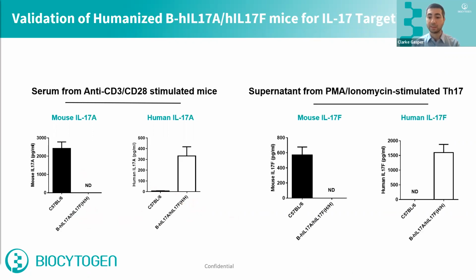Similarly, to validate the expression and confirm the secretion of IL-17F, CD4 positive T cells were sorted from splenocytes and induced into Th17 cells using PMA and ionomycin. And so the results on the right show that mouse IL-17F was only detected in the supernates from wild-type mice, while the human IL-17F was exclusively detected in the humanized mice.